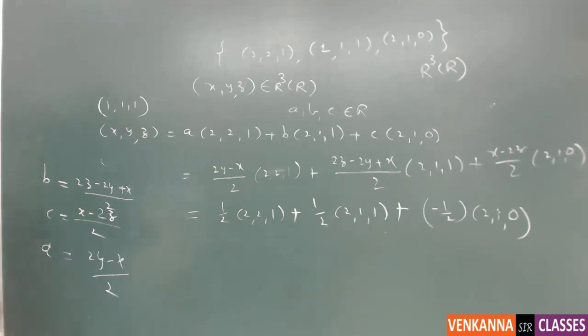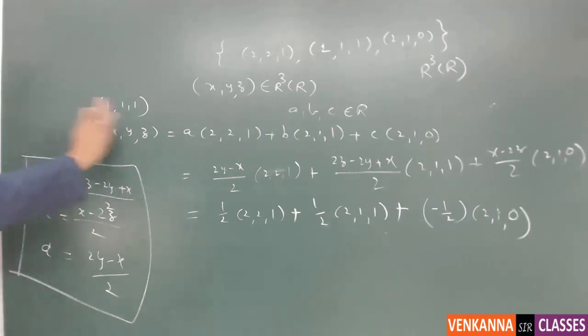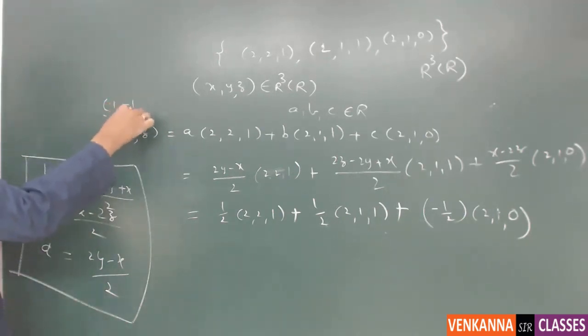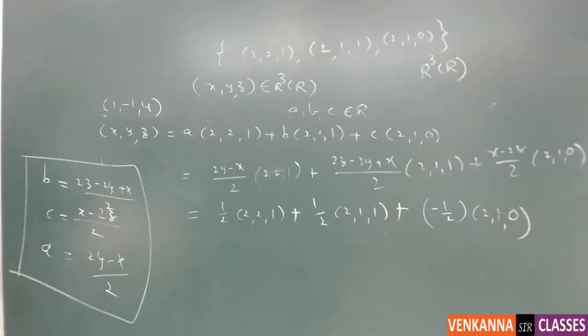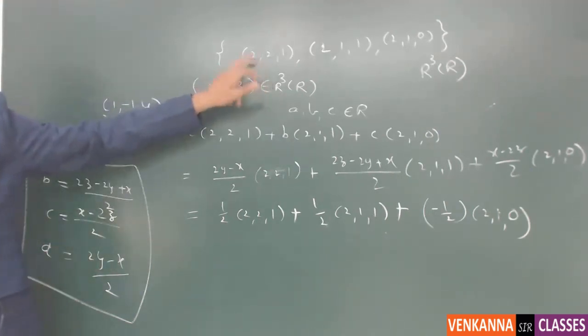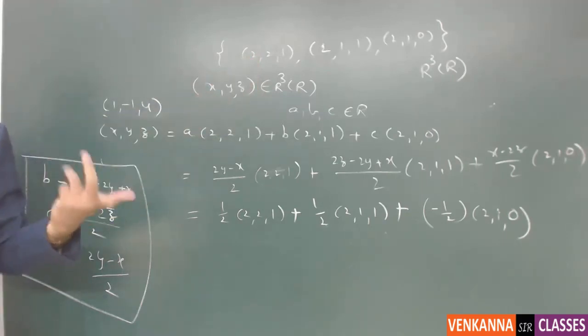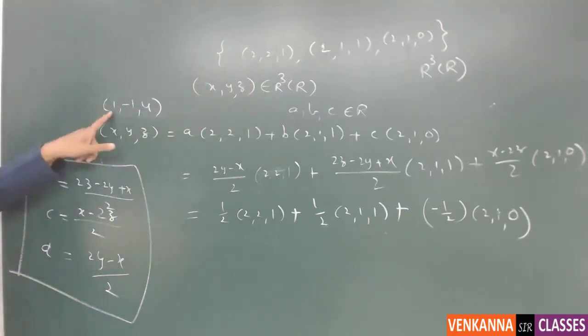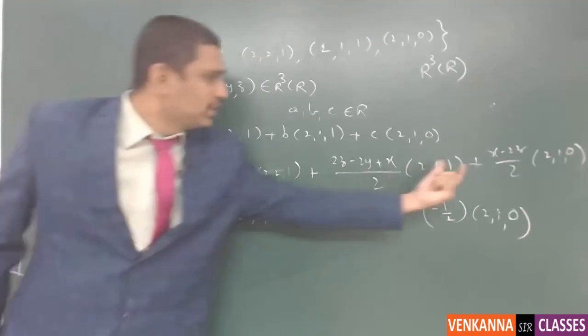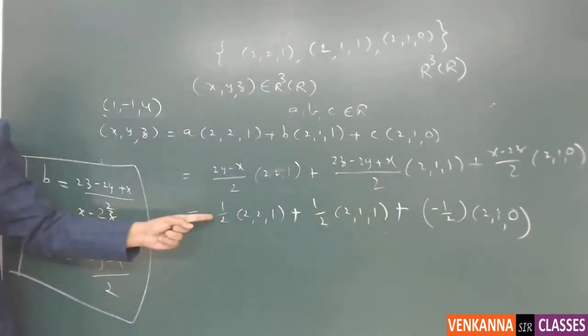Let me take another one. Assume that the scalar values given by you are perfect. Let me say I have taken another one, say (1, minus 1, 4). Can I write (1, minus 1, 4) as a combination of these three vectors? Yes. How? Take it as x, y, and z. Substitute here. You will get the respective scalars.